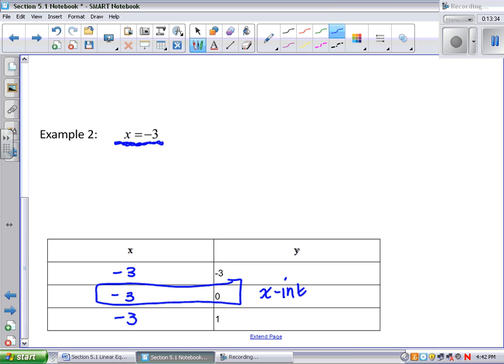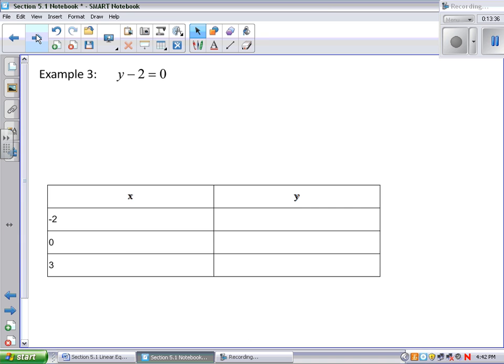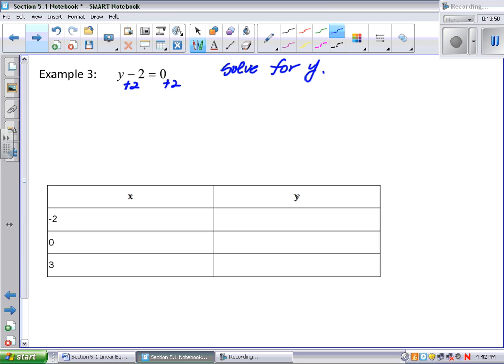And now let's look at example 3. Example 3 says we have y minus 2 equals 0. When you only have one variable, you want to solve for that variable. So we want to solve for y in this case. I'm going to add 2 to both sides, and I get y equals 2.